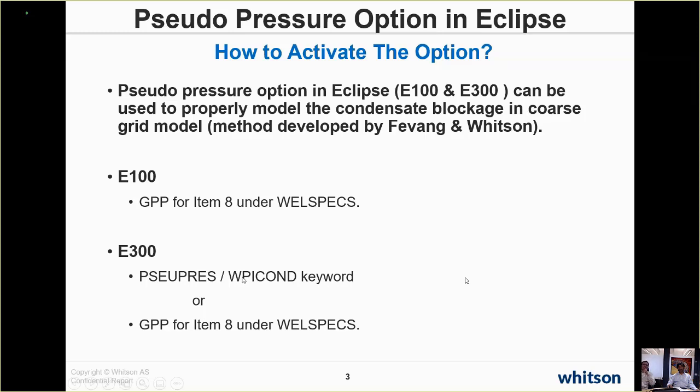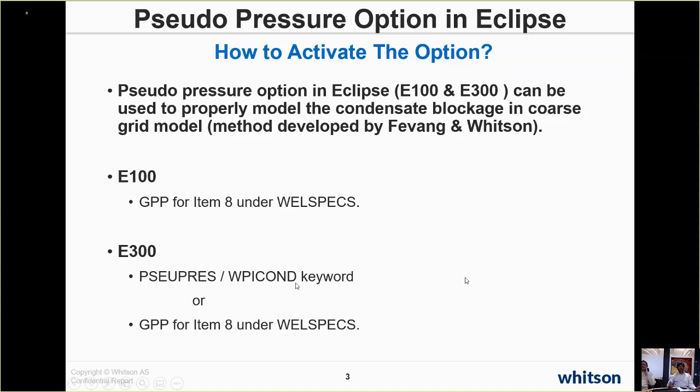Can those parameters not be defined in PSEUDOPRESS and GPP? Yeah, there are some parameters that can be defined here which cannot be defined in WELSPEC or PSEUDOPRESS, but for that we have the additional keyword WPIMULT. Okay, so I will go through that.